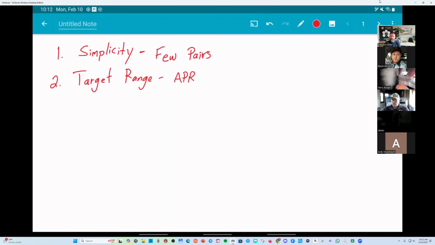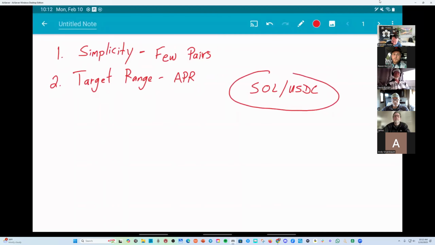One of those pairs for me, for over a year now, is this one. I've mentioned this on probably almost every call: it's just SOL USDC.